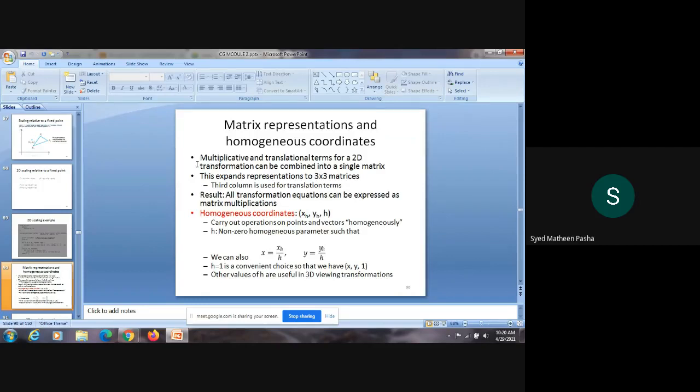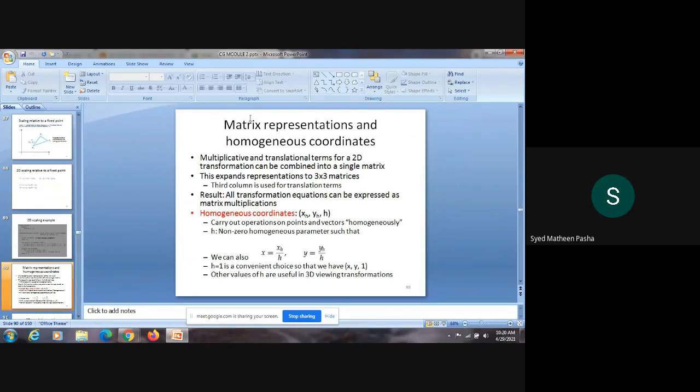As I told you, the multiplicative and translational terms of a 2D transformation can be combined into a single matrix, where the representation is expanded to 3 x 3 matrices. This happens for all the transformations: translation, rotation, as well as scaling operations.